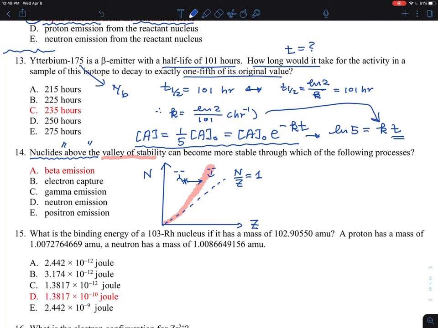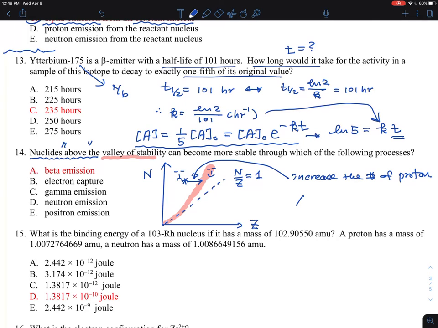So to do that, you want to increase the number of protons.